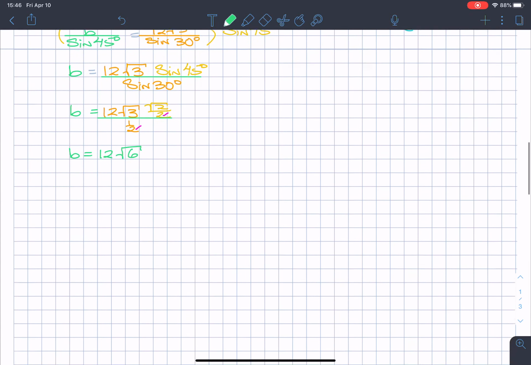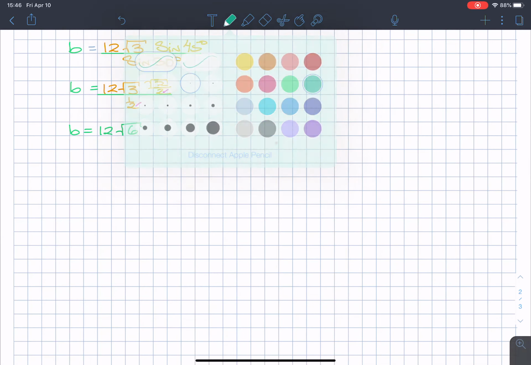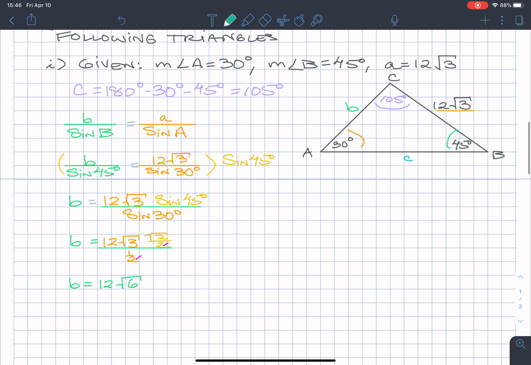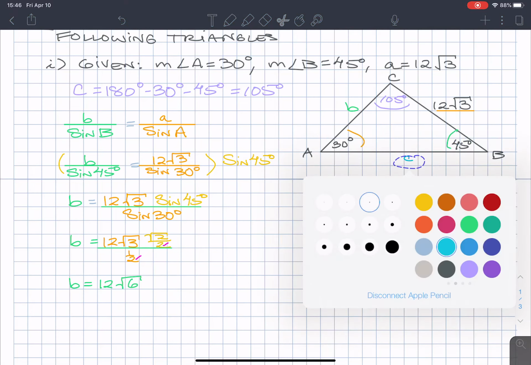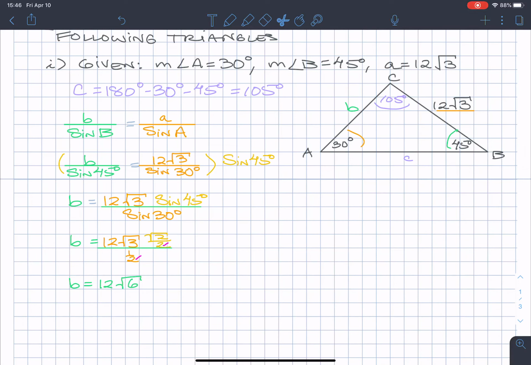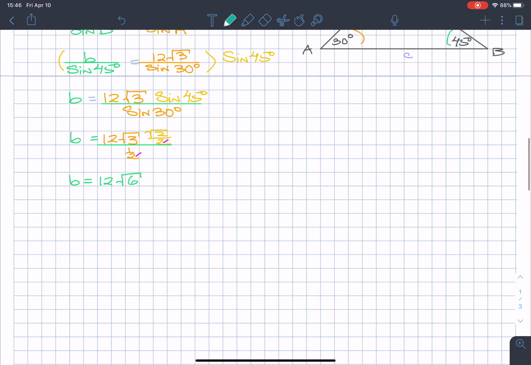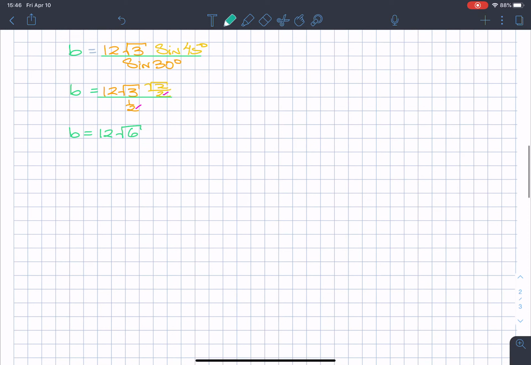Okay, so before we do that, let's note something. Little side C is going to require, and let me actually do that in purple, the opposite angle to C, which is 105. So let's note something about 105 degrees. Well, that's 45 plus 60, right?